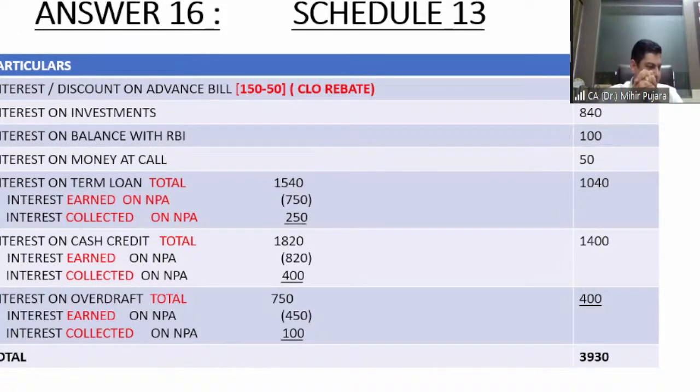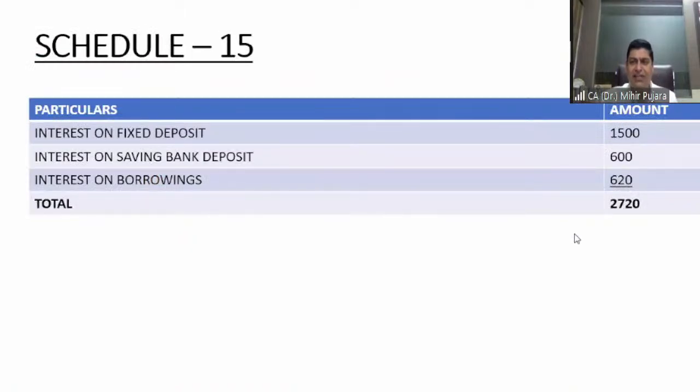Then, guys, this is only 3 amounts in 15. 2720, guys.